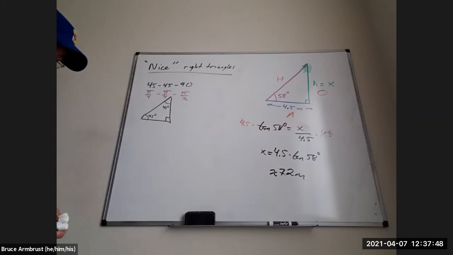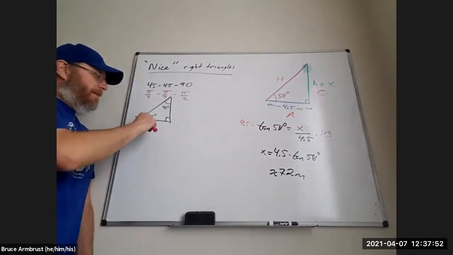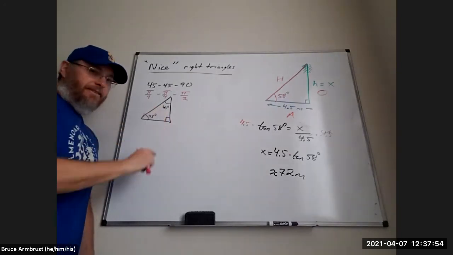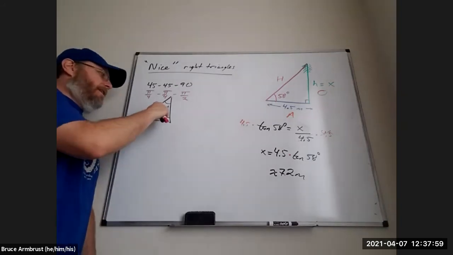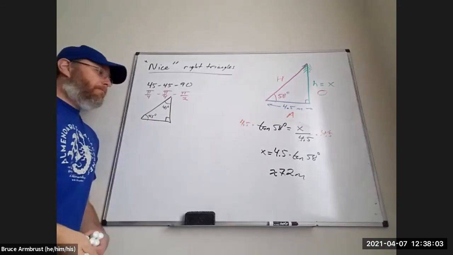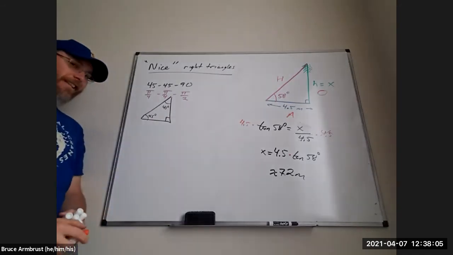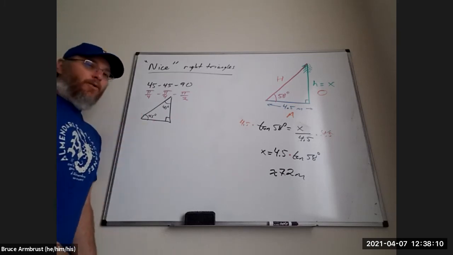Okay, now notice first with the whole co-function thing, since both of these angles are identical, it's kind of silly to do the sine of one and then the sine of the other because they're the same list. Okay? But check this out. Geometrically, this is half of a square.